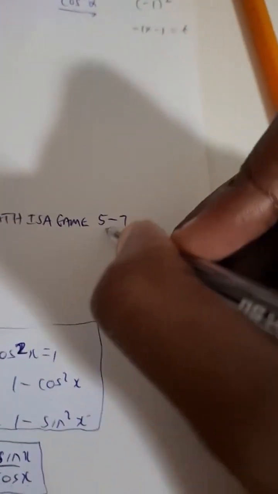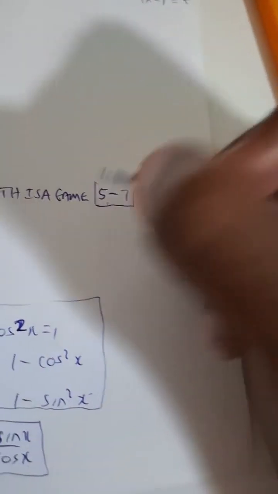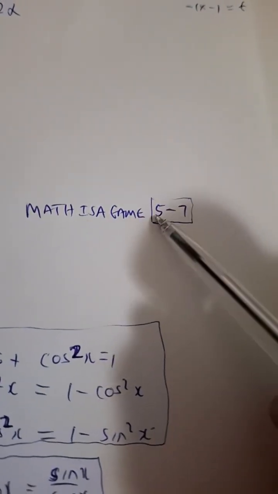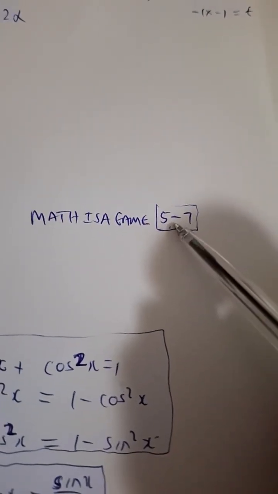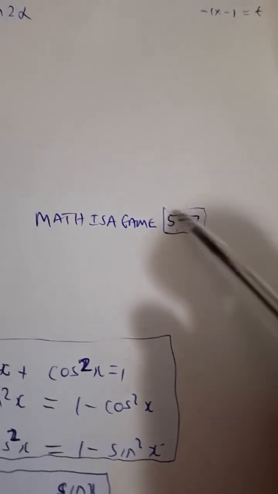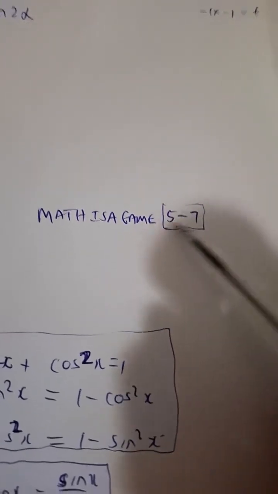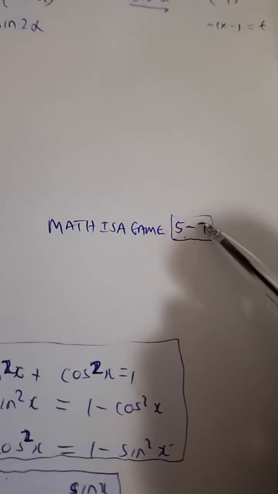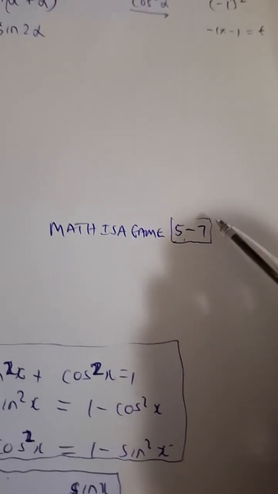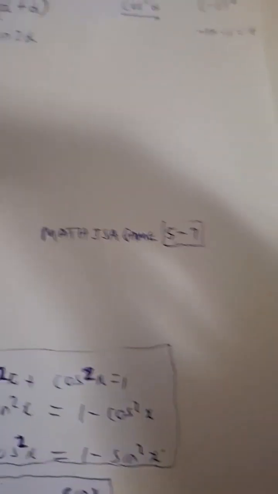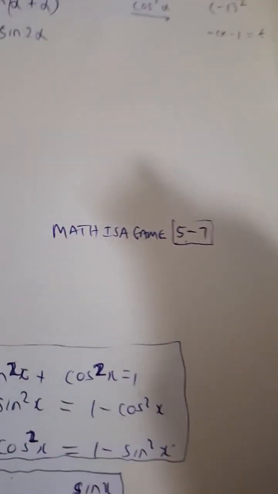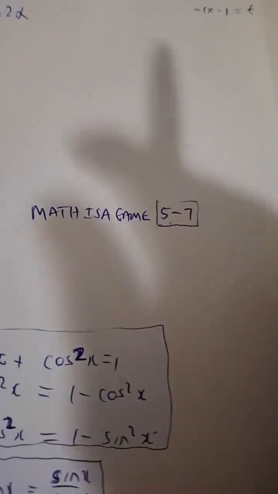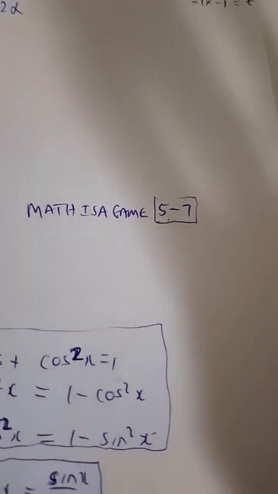Then level 5 to 7 becomes a possibility. I don't teach kids for anything less than level 5. Level 5 to 7, guys, that's the region of performance that is acceptable, that shows that actual learning is taking place and actual mastery is happening with learners. If you are getting less than this, guys, then that means you are playing, to be honest. I'm not going to be mincing words.